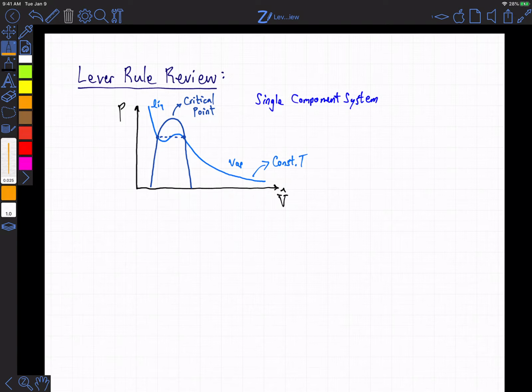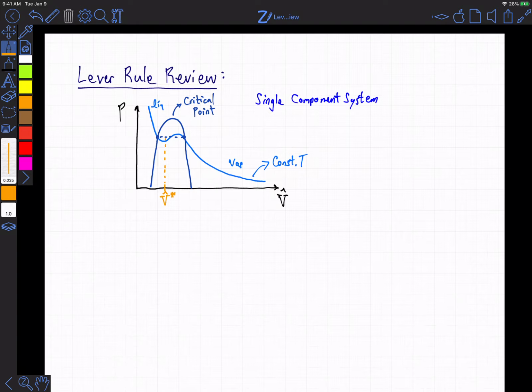But we're going to ask the question, if we adjust this piston in a way that we set the specific volume of the system at some value we'll call V star, how much vapor do we get? What fraction of the total volume of the system, or what fraction of the total mass of the system, for that matter, is made up of vapor versus liquid?